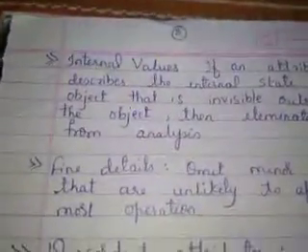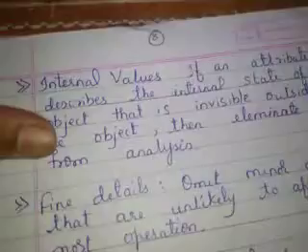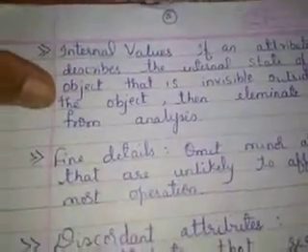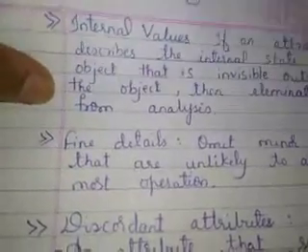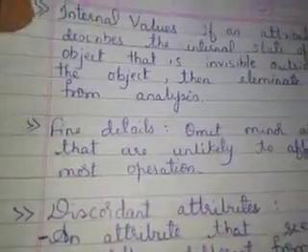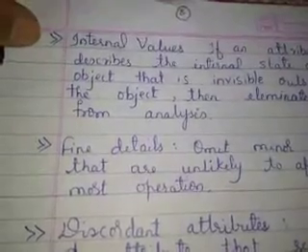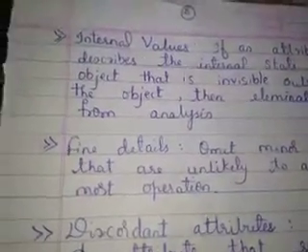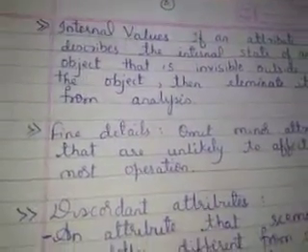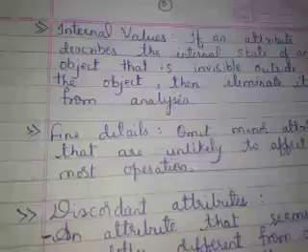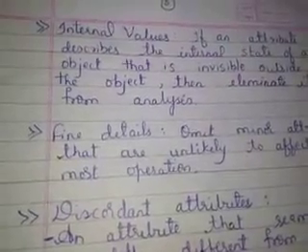There are a few more criteria which can be used to eliminate the unrelated attributes. The next one is if some information is internal values and fine details. For example, take a railway reservation. It is better if you know which class that ticket belongs to and how many are traveling, so that in the domain we can calculate the amount the passenger has to pay, right?